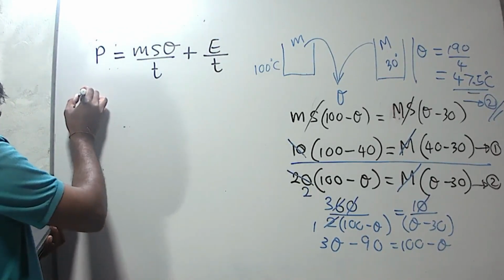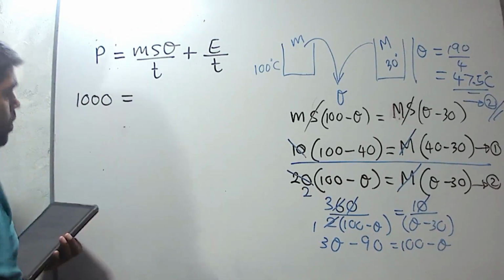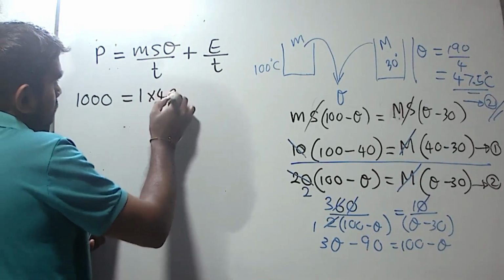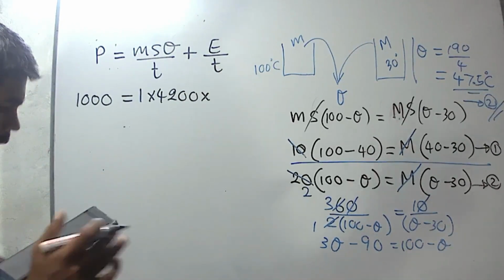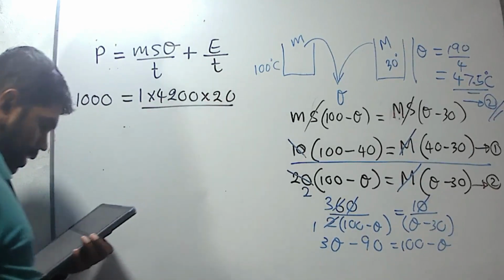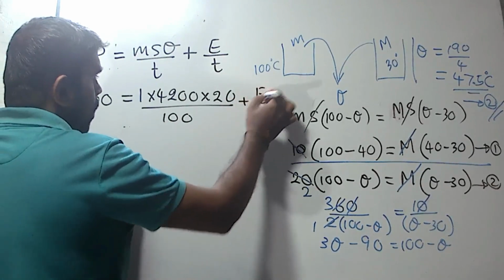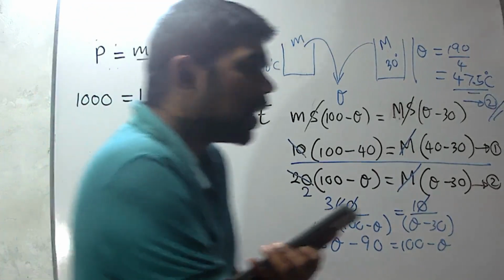The immersion heater power is 1 kilowatt, which means 1000 watts. Water mass is given as 1 kilogram, specific heat capacity 4200. Temperature difference, 25 to 45, means 20. Time interval is 100 seconds. Plus, we have to find E over T. E over T means the heat loss rate to the environment.